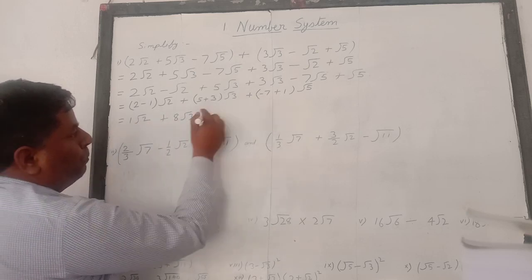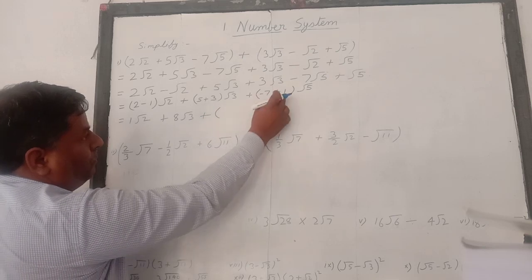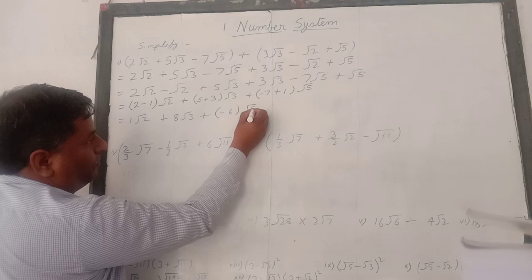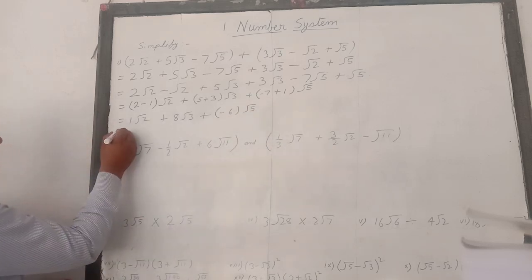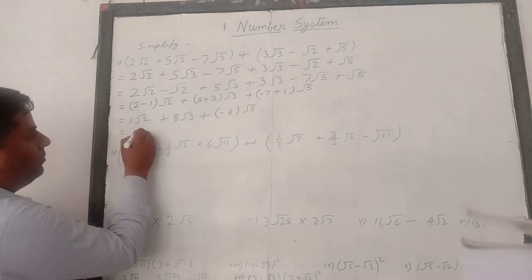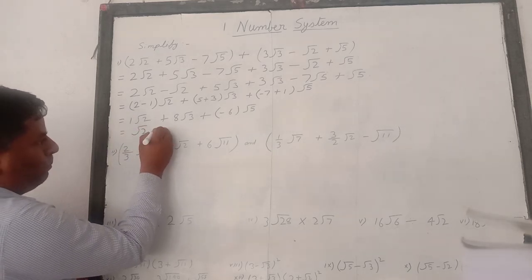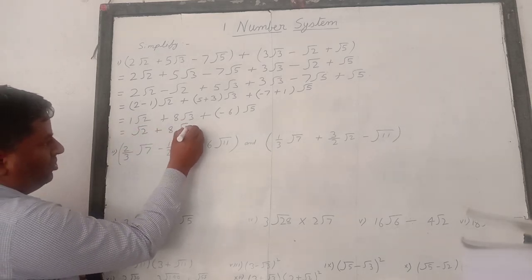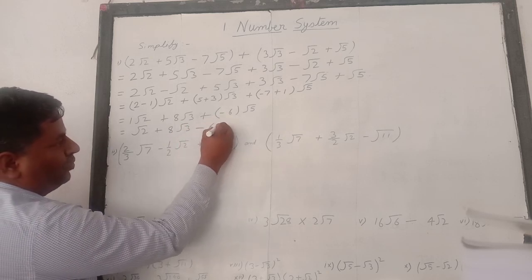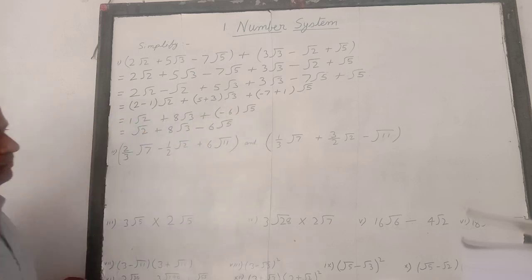Then we have minus 7 plus 1, so minus 6 into root 5. So the final answer will be, now there is no need to write 1 as a coefficient, so we can write root 2 plus 8 root 3 minus 6 root 5.